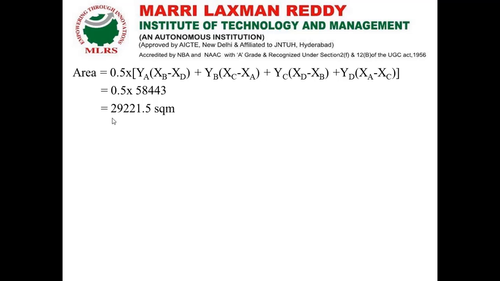So for the second problem, the values obtained using coordinate method, meridian distance method and double meridian distance method are all having the same value of 29,221.5 square meters. Thank you.